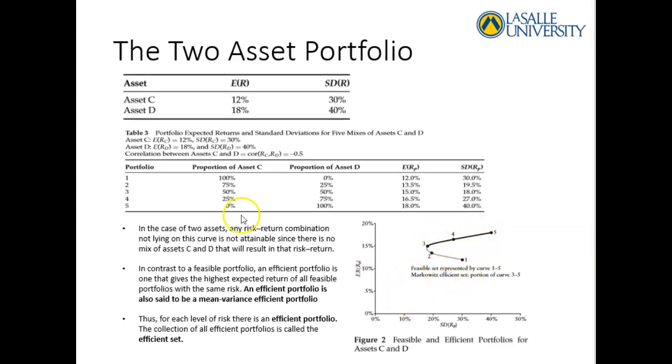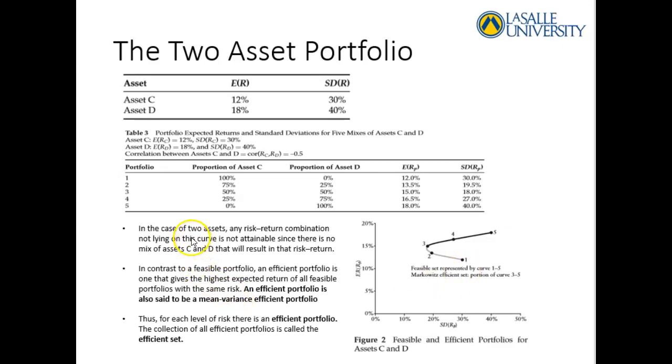All I've done is plot these risk-return combinations on the graph, and when you connect the dots, you get a boomerang-type curve. This curve can be used to help explain the concept of efficient portfolios and eventually an efficient frontier.